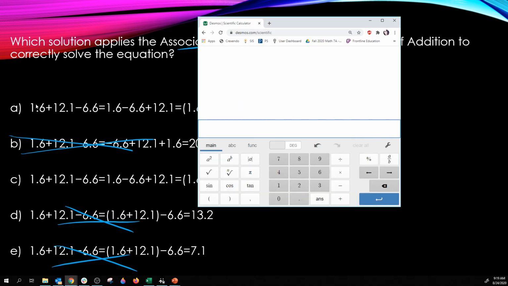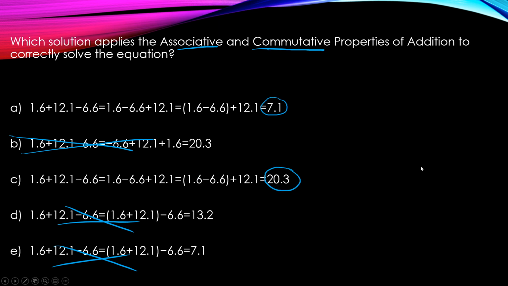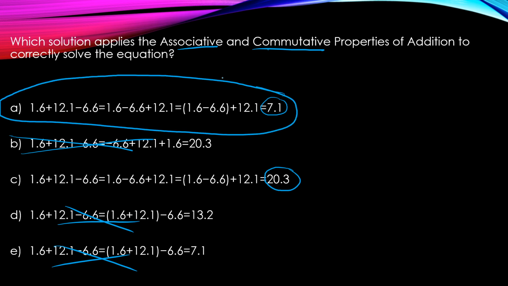I'm going to type in this first part here, 16.1 plus 12.1 minus 6.6. When I type all of these in, I get a final answer of 7.1, which means the correct answer here is the one that equals 7.1.